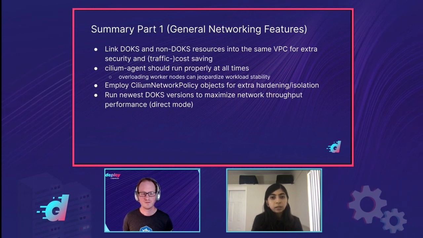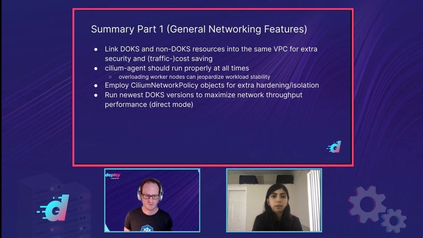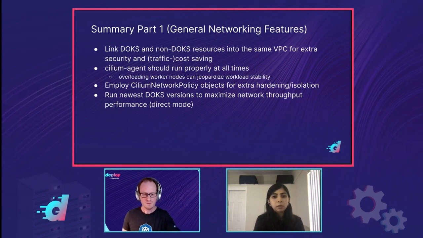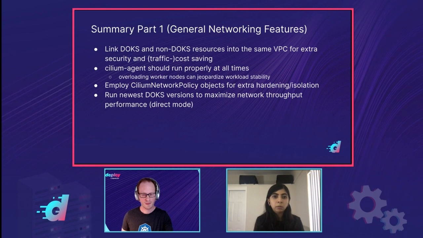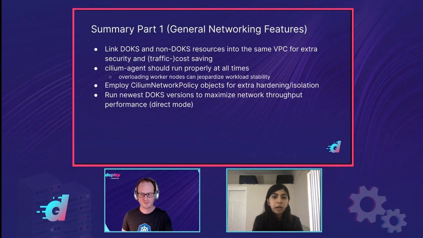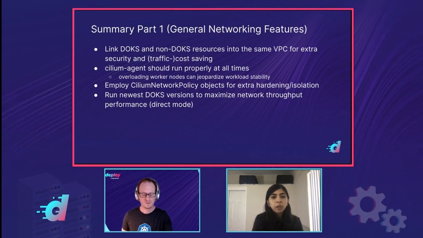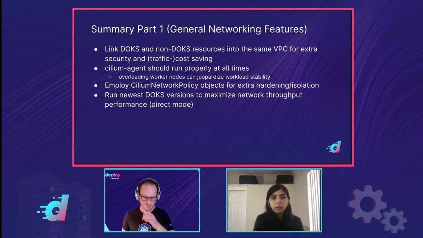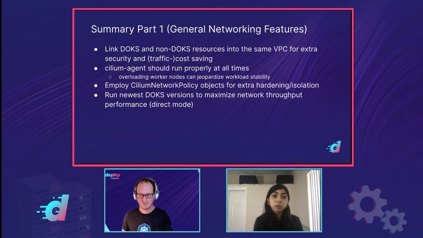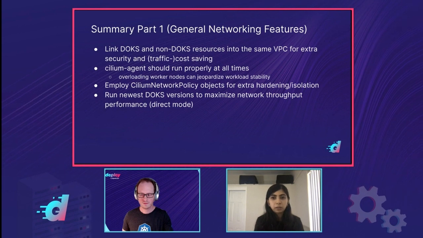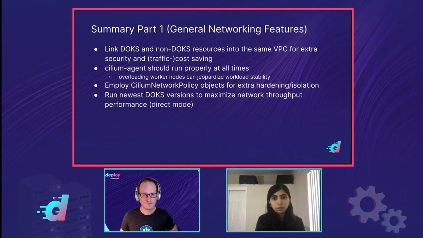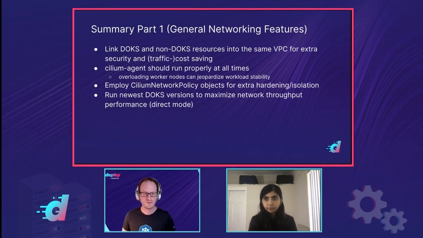And isolate parts of your applications using network policies, and more specifically Cilium network policies, so that your critical applications don't go down if something happens to other parts of your cluster. And then ensure that you run new DOKS clusters on newer versions to maximize the network throughput, because Cilium is in direct mode here.